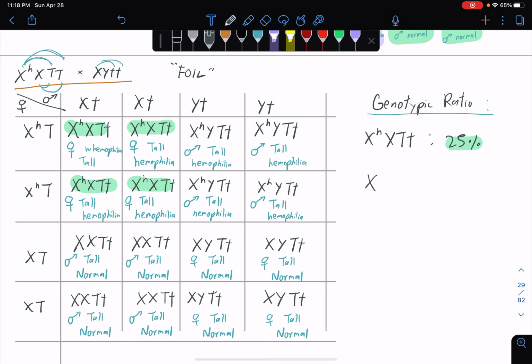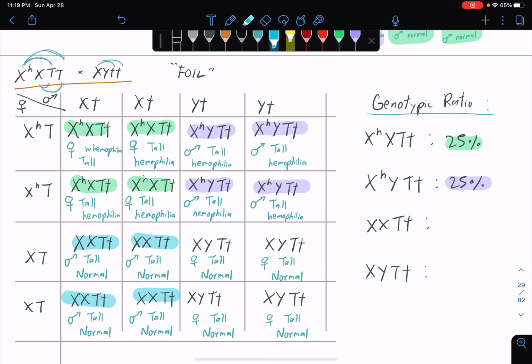We have another X^H Y T t. These 4 correspond to this. Again, 4 over 16, 1 over 4, that's 25%. Next, XX T t, and then we have XY T t.